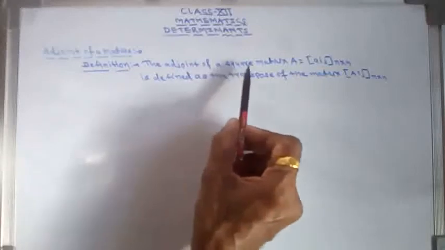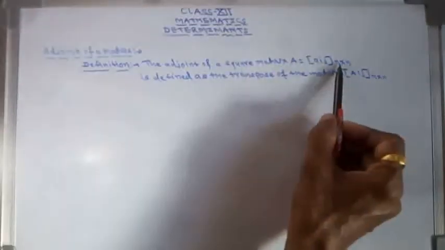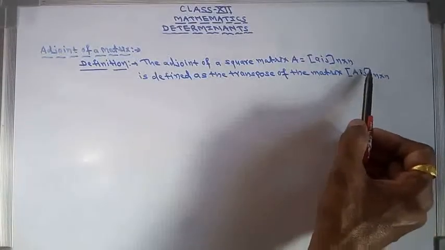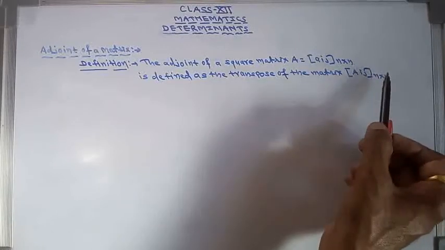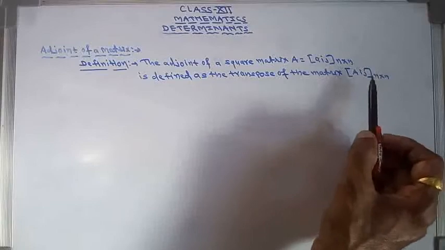The adjoint of a square matrix capital A, that is Aij, since it is a square matrix, the order will be n by n, is defined as the transpose of the matrix capital Aij of order n by n. You have to take the corresponding cofactors and its transpose. Then you will get the adjoint of this matrix small aij.